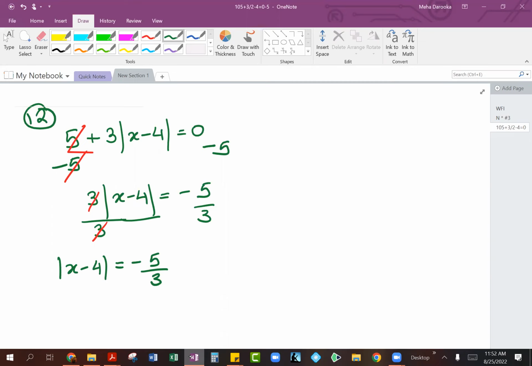Remember what we just talked about, distances are always positive. You can have a distance of 0, which means you're at the starting point, or you can have a positive distance. You cannot have a negative distance. So because you have that negative on the other side, there is no solution to this absolute value equation.